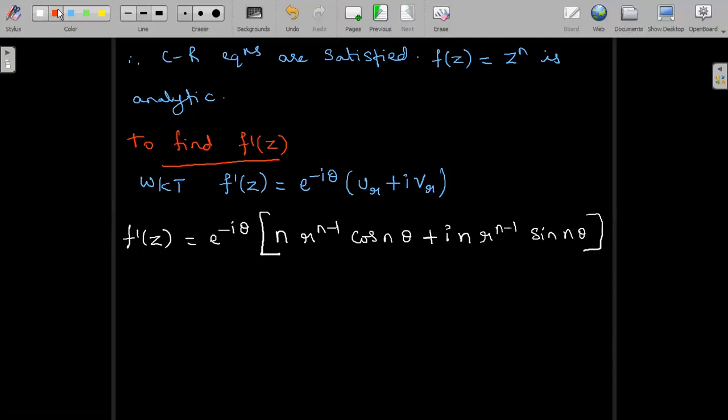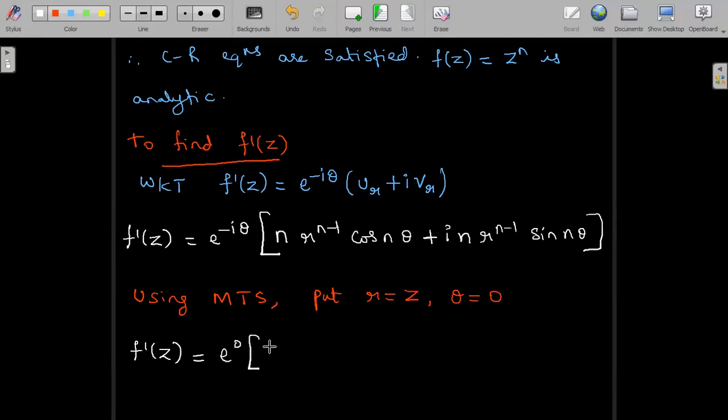We can now make use of the Milne-Thomson substitution. Using it, we substitute r is equal to z and theta is equal to 0. Theta is 0, that is why outside we have e power 0, n into z power n minus 1 into cos 0 plus i into n into z power n minus 1 into sin 0.